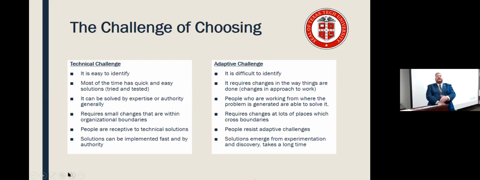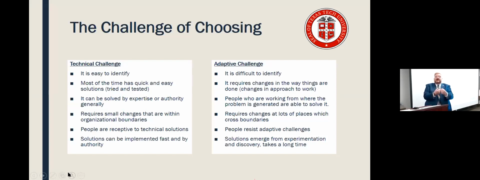Let's be honest about challenges and issues. Usually a challenge isn't solved as easily as plugging in your laptop to charge it.